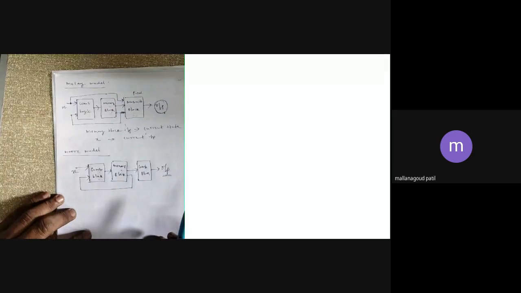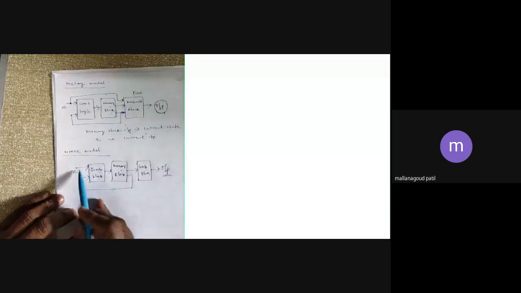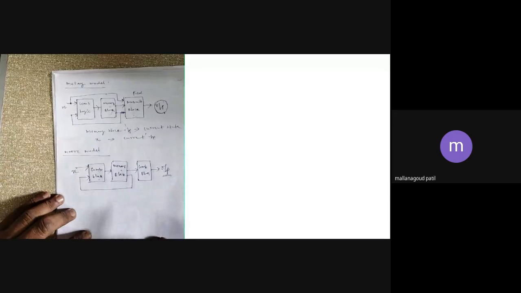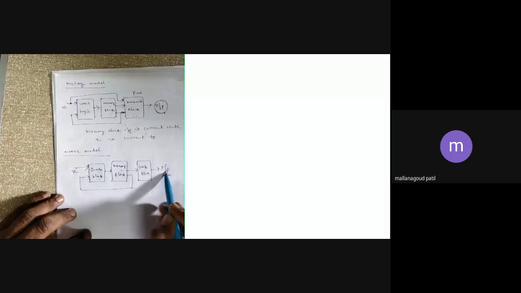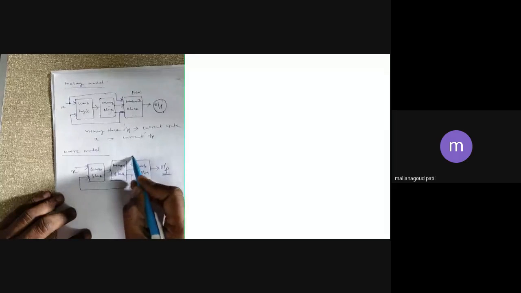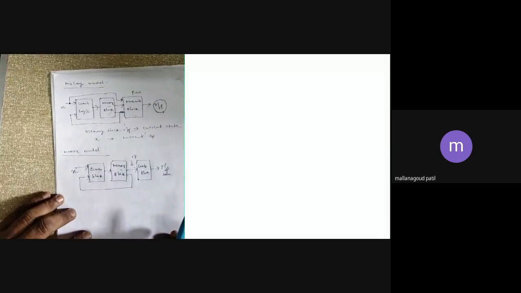Only the current state, not the actual input you are supposed to consider. This actual output is there, no? Not necessarily, you can consider after this combinational block. Even you can consider this also as output. It depends how you have designed it.